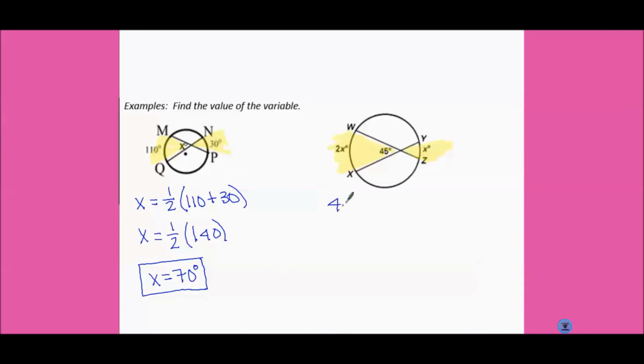So we know that 45 must equal half of 2x plus x. Multiply by 2 to get rid of our fraction there. We get 90 equals 2x plus x would be 3x. Divide both sides by 3, and we get that x is equal to 30.